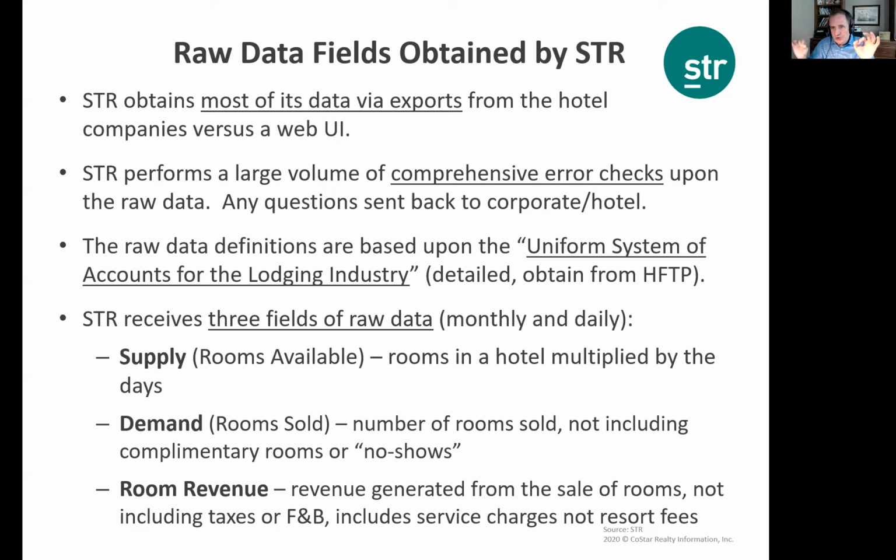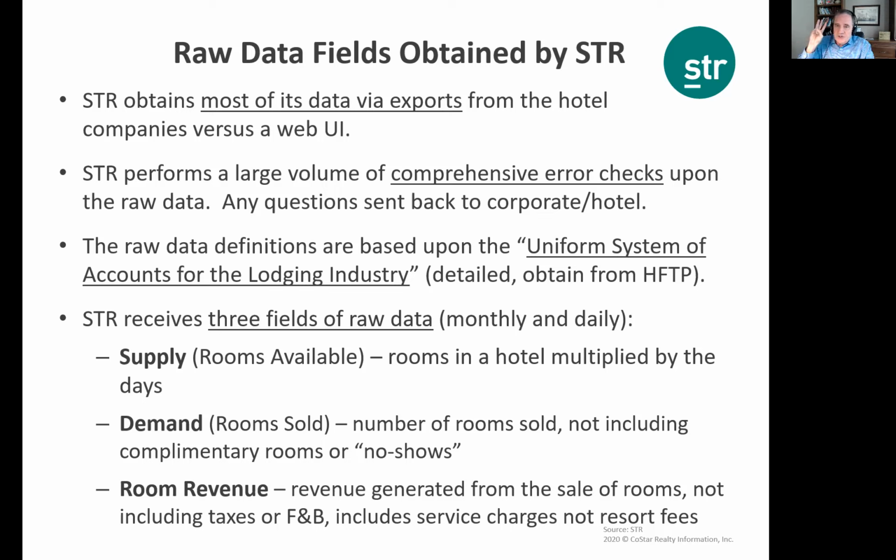It does not include no-shows. Now, all those little fine definitions are in that book. And honestly, that book takes about 50 pages to define each of these terms. So I joke with people, if you have trouble sleeping at night, that's a great read for you. But we keep these definitions super simple. So that's demand, the rooms sold.